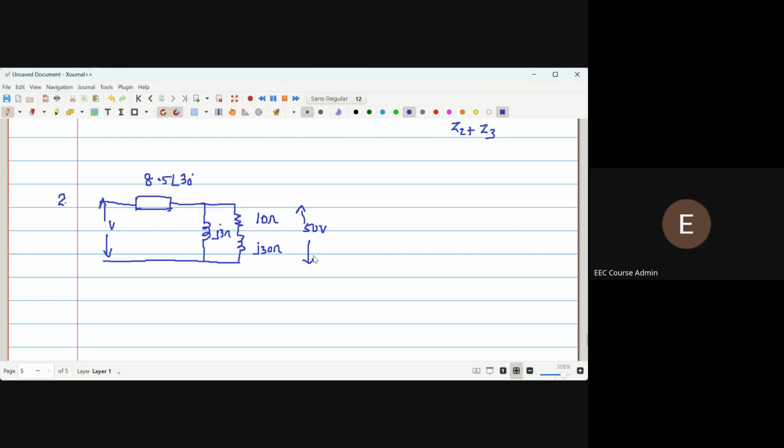Determine the magnitude of this V. Ma'am, this 50 volt is a magnitude or 50 phase? Magnitude.